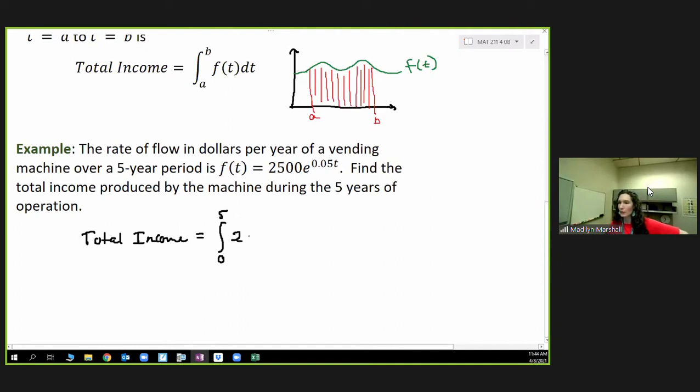Our function is 2500 e to the 0.05 t dt. And that's it. So again, for chapter 6 stuff, you can use technology to calculate these integrals.